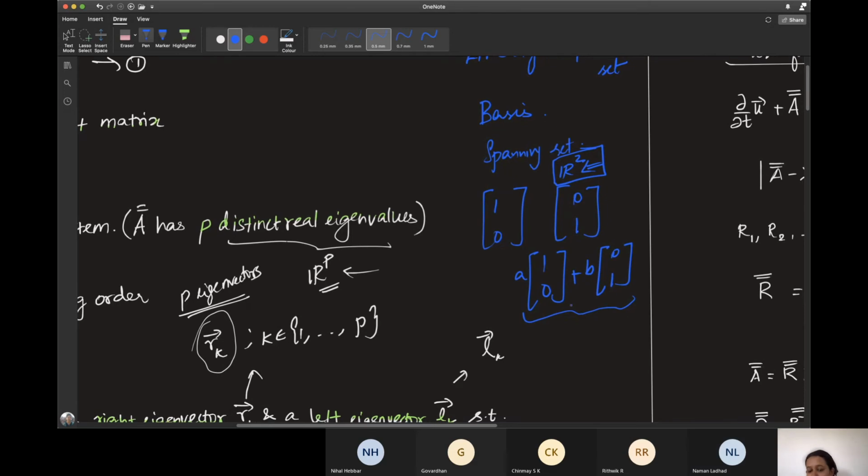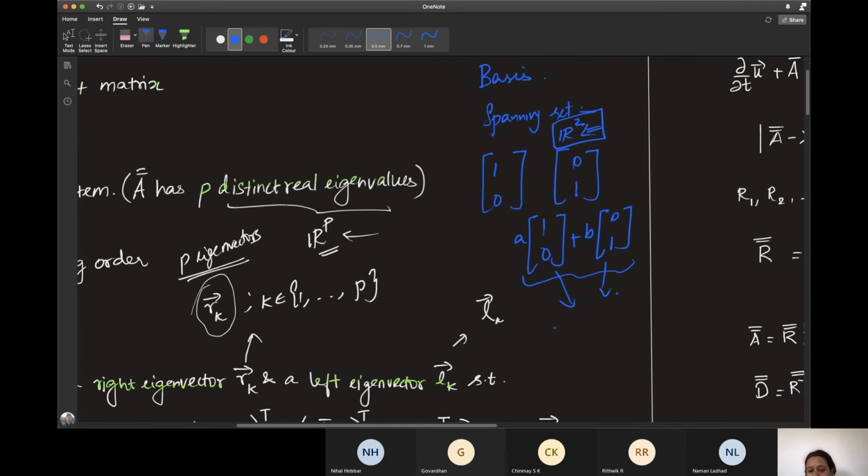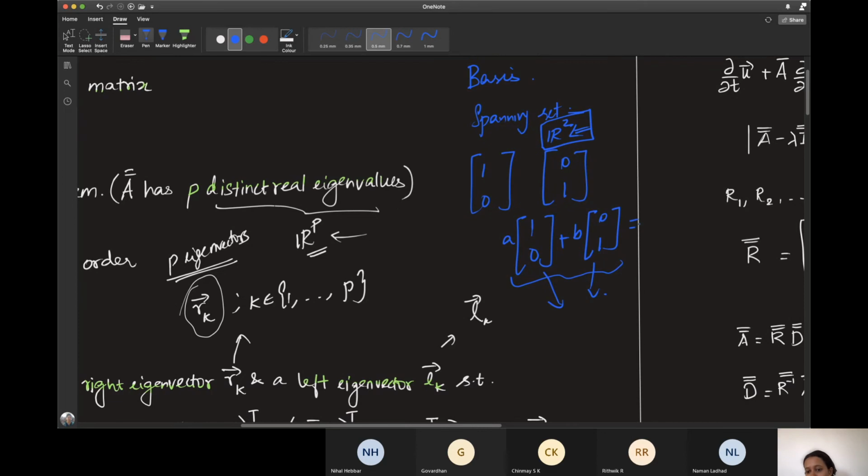So now these two are also linearly independent. From this system, what values of A and B will give you a zero vector?